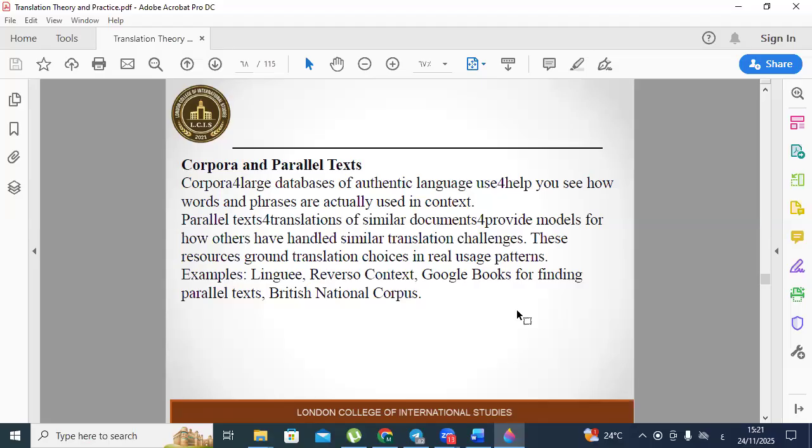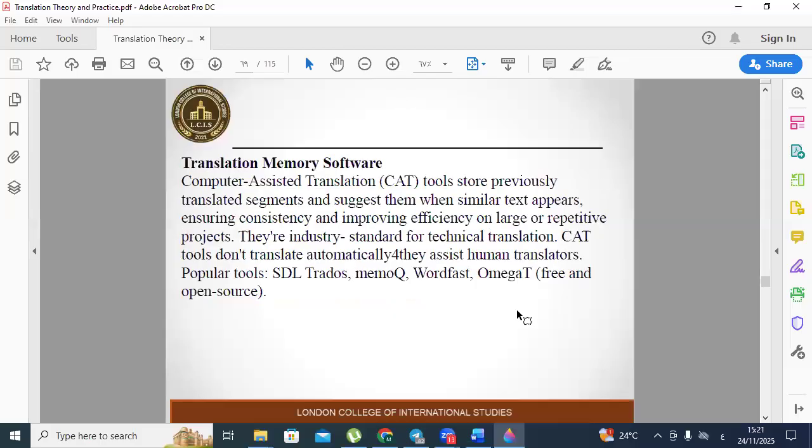Examples: Linguee, Reverso Context, Google Books for finding parallel texts, British National Corpus. Translation memory software, computer-assisted translation (CAT) tools, store previously translated segments and suggest them when similar texts appear.